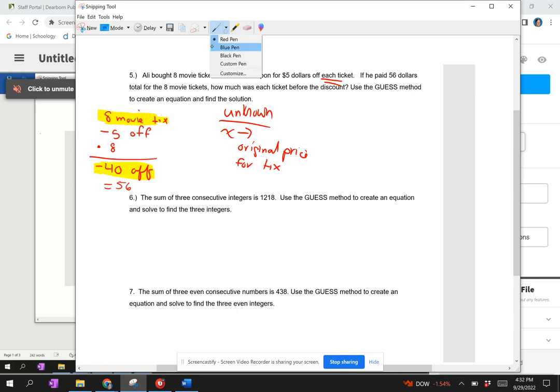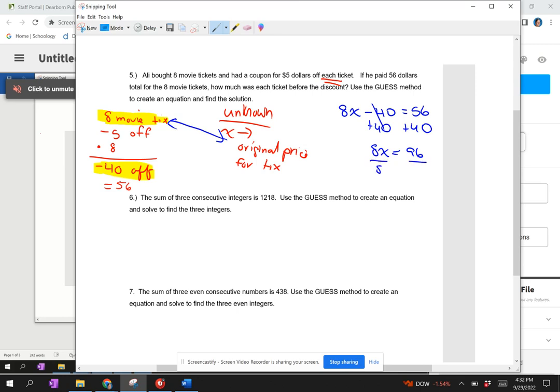So we are talking about tickets. So this is how many X's I bought. I bought 8 X's. My total discount was 40. And I know that he paid $56. So then I'm going to add 40 to both sides. So 8x equals 96. Divide by 8.